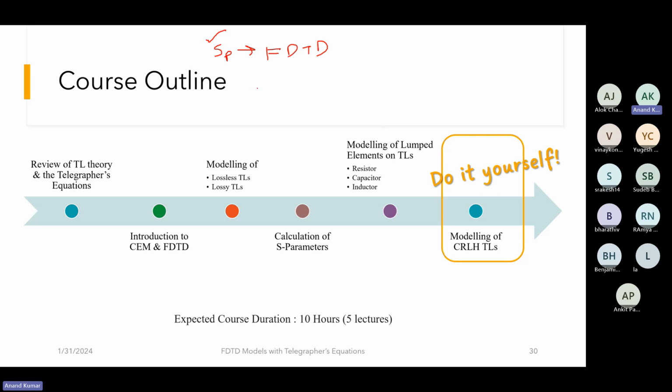The next thing you do is, for example, you're trying to simulate some structure which looks like this. You have some transmission line with, for example, 50 ohm here, maybe 100 ohm here, and again some 70 ohm. So this is the cascading thing which we are talking about, right?